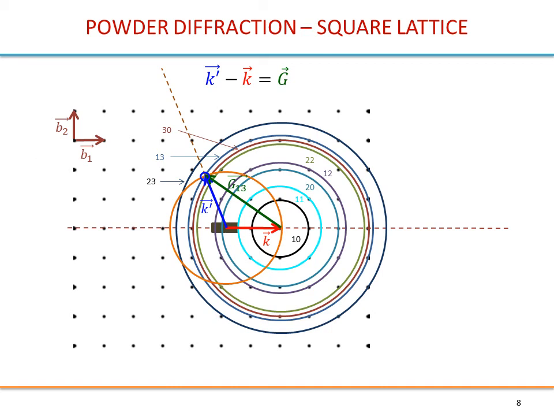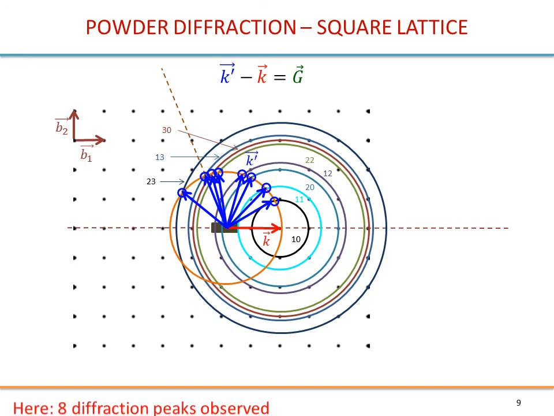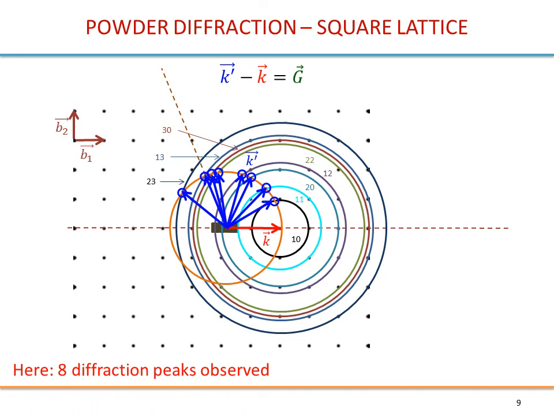Alright, so now if we look at all the peaks that can be observed using this wavelength, represented by this vector K, we have 1, 2, 3, 4, 5, 6, 7, 8. We have 8 peaks. Okay, and only 8 peaks, and these are discrete directions, so giving discrete angles.